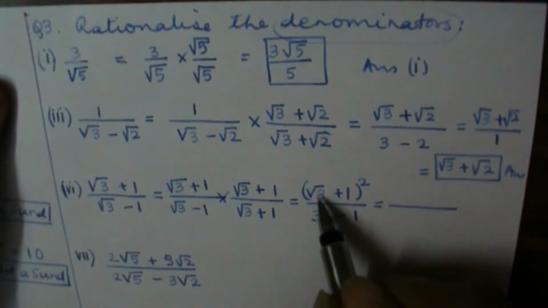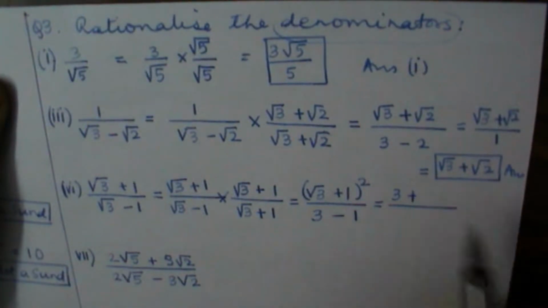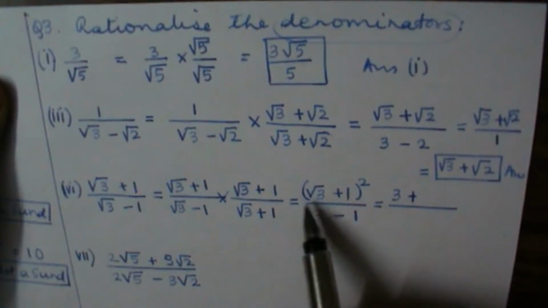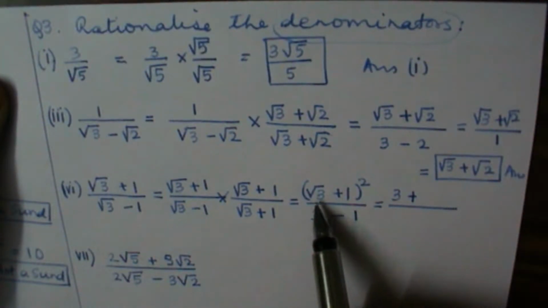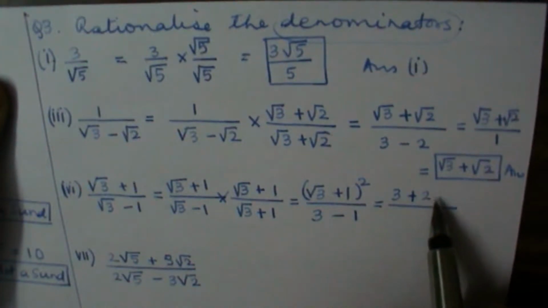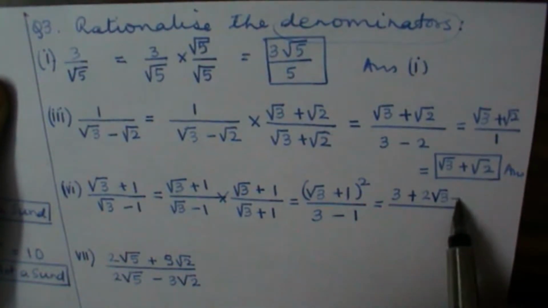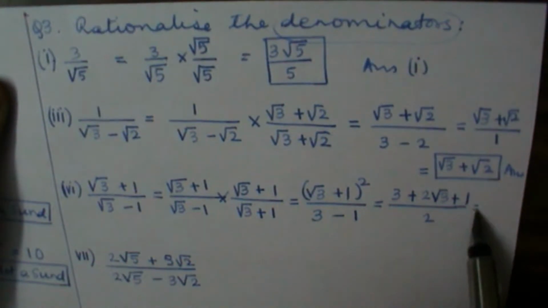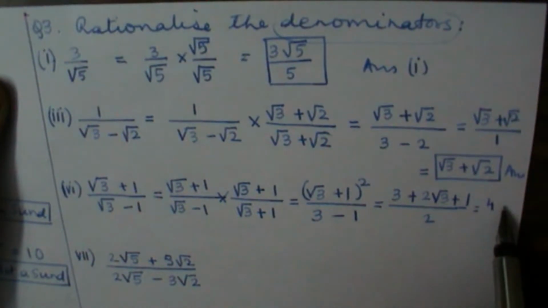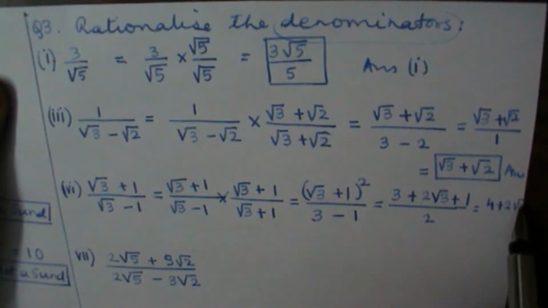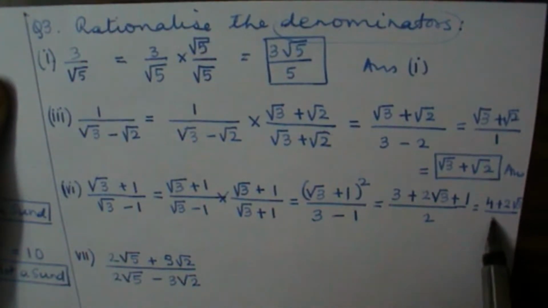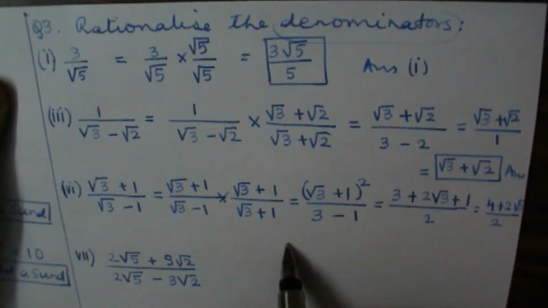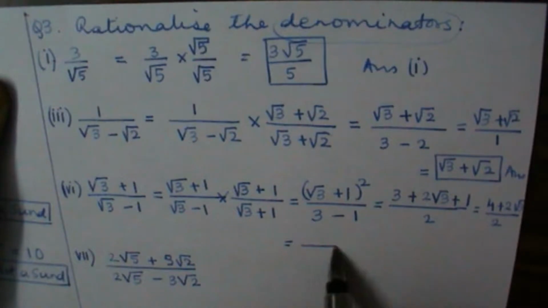So it will be root 3 whole square is 3, plus 2ab means 2 into root 3 into 1 means 2 root 3, and plus 1 square is 1, and that will give me 4 plus 2 root 3 upon 2, and then we will take out the common factor.